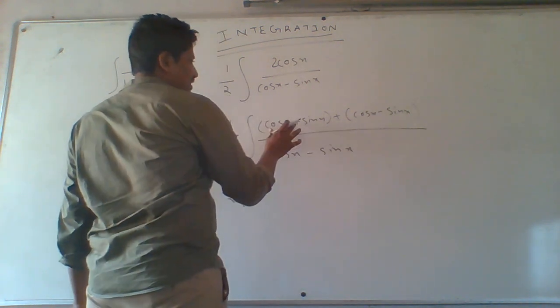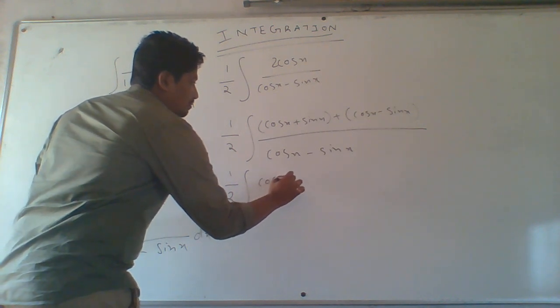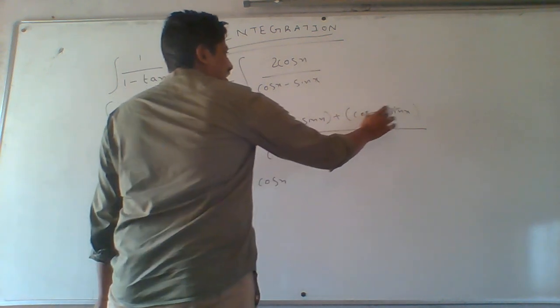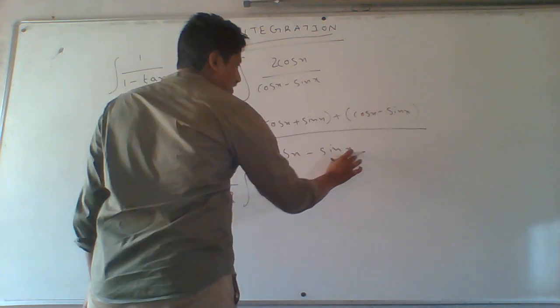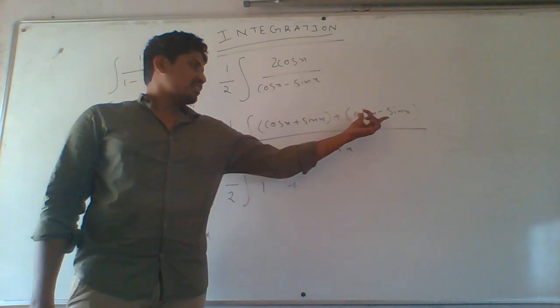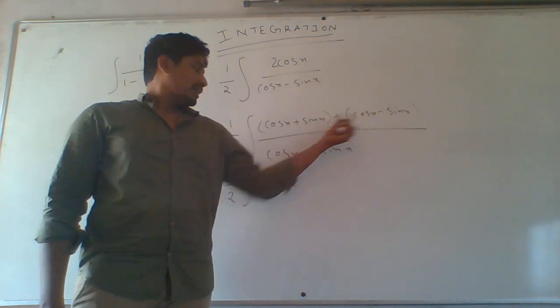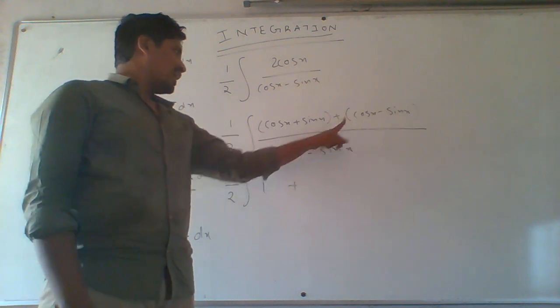This will come under this thing and this thing. What will happen? Cos x minus sin x, see here. Cos x minus sin x by cos x minus sin x is equal to 1. First of all, I am dividing this with this thing here. It is equal to 1 because they both are the same.